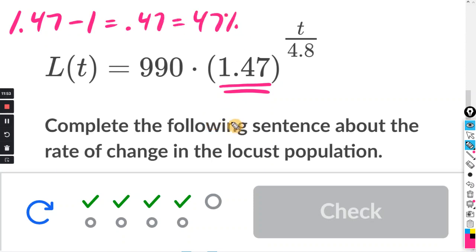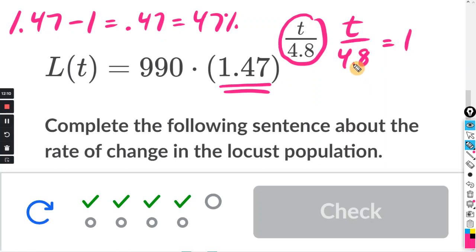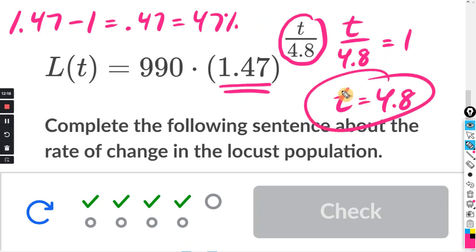Now, how often is that applied? Every time this whole fraction increments by 1, it's applied. So this exponent, t over 4.8, just equals 1. As a result, t is just 4.8, because 4.8 over 4.8 is 1.